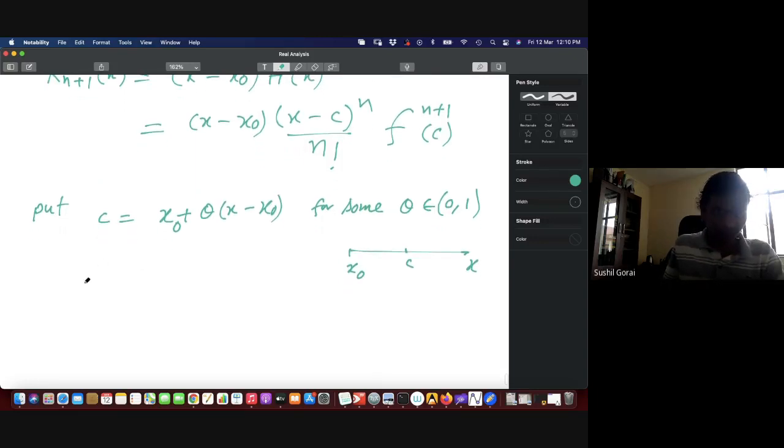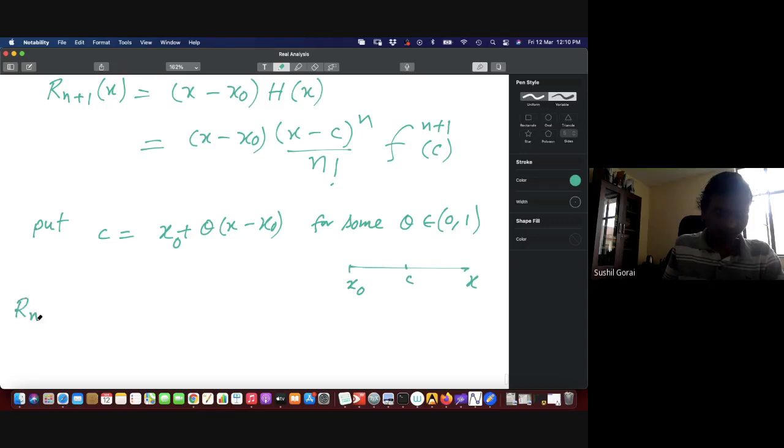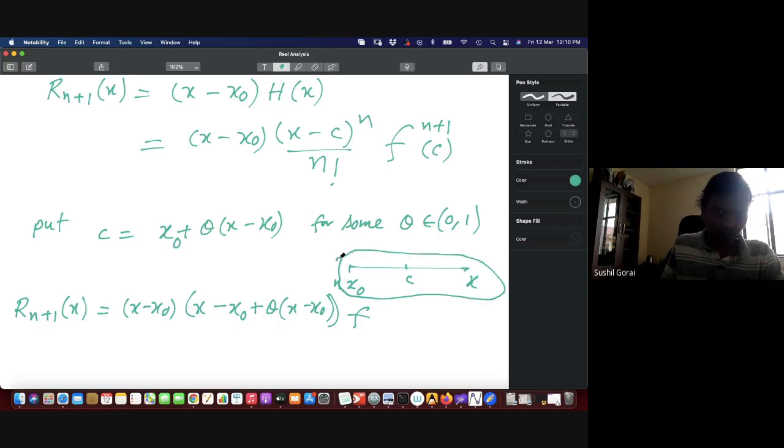All right, so now put this on, so we get R n plus 1 of x to be x minus x naught, and here x minus x naught plus theta times x minus x naught, whole power n, f n plus 1 of x naught plus theta times x minus x naught. There is a minus sign here, so this is x minus c.